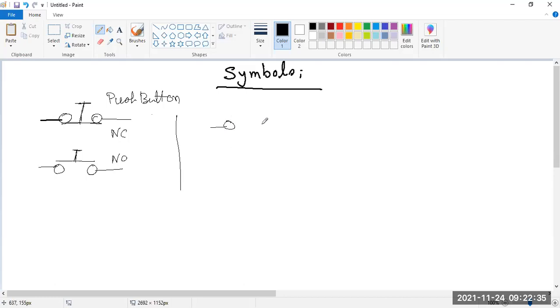Look, if this type of symbol is coming, this is not enclosed, this portion is open.